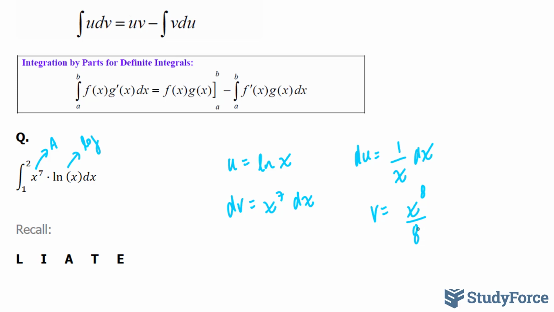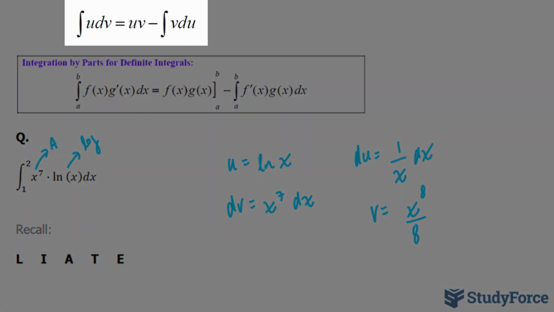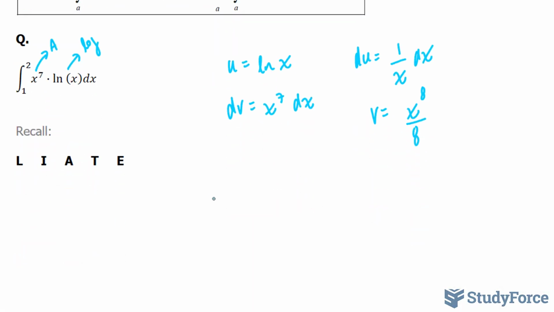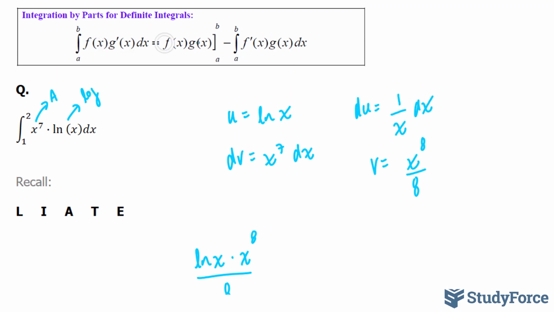So now that we have those two important features, we can now plug them into here. So let's do that. U times v, u was ln x, and v was x to the power of 8 over 8. So times x to the power of 8 over 8. Now one thing that you need to keep in mind according to this is that at this point, here's where it differs from indefinite integrals.